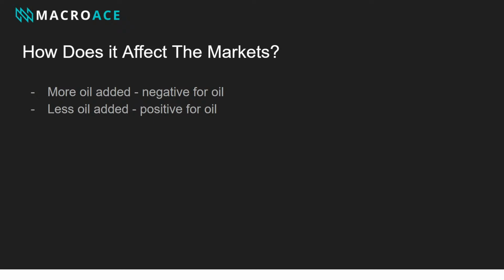And we've seen in the markets, not only with the economic releases for EIA inventories and API data, but also with headlines that have come through on the financial news feed. So just to bear in mind, basics: there's a build, it's usually negative for oil, and if there's a draw or less oil added, it's more positive for oil.